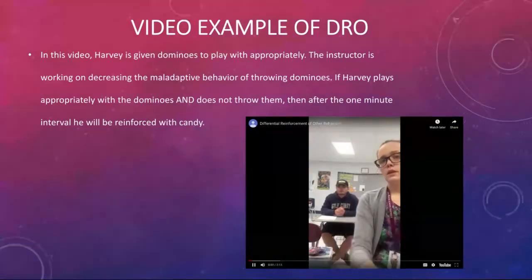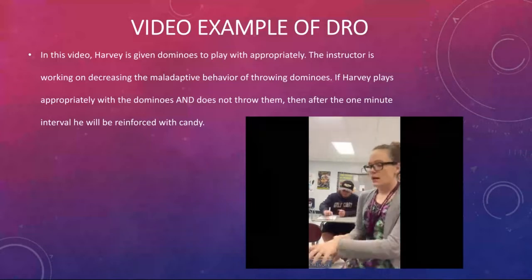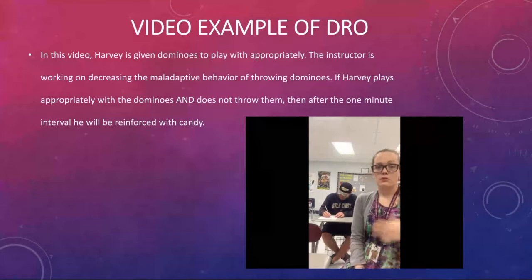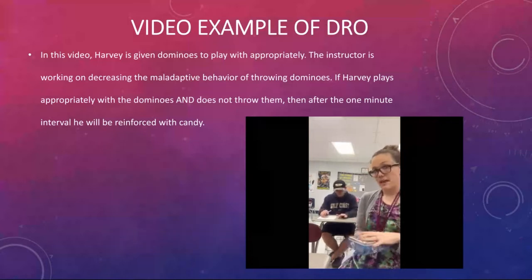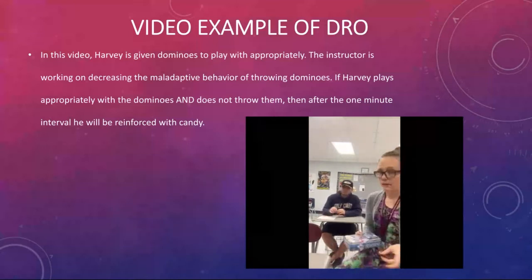So the intervention that we're going to record this time is DRO, so differential reinforcement of other behaviors. I am going to offer to start a timer to see if Harley can go without exhibiting behavior for 1 minute by playing with his dominoes, and if he can, his reward will be M&Ms. So here's the behavior.